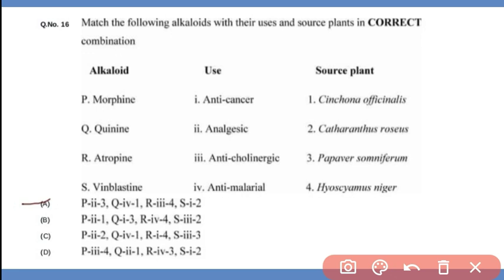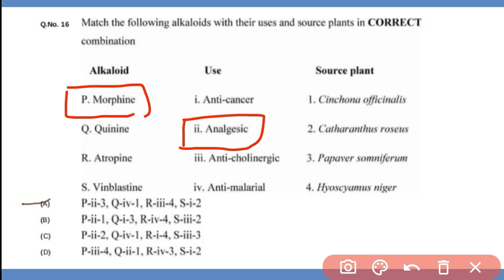These alkaloids are used as analgesics. Analgesic substances are substances that reduce pain. So P, that is morphine, analgesic, and the source plant is opium poppy, Papaver somniferum. This is a combination.